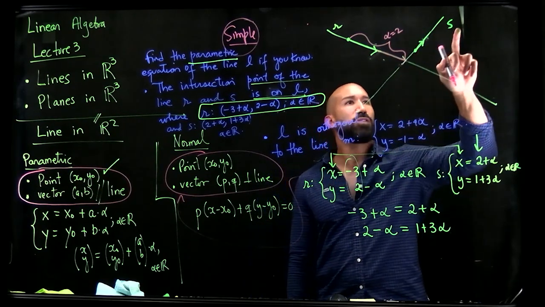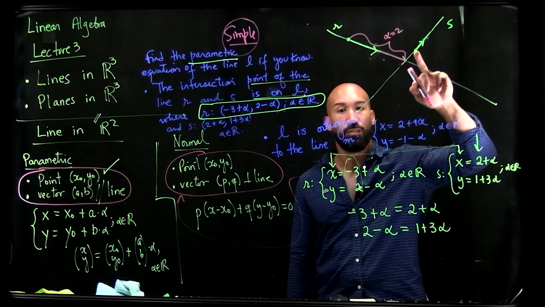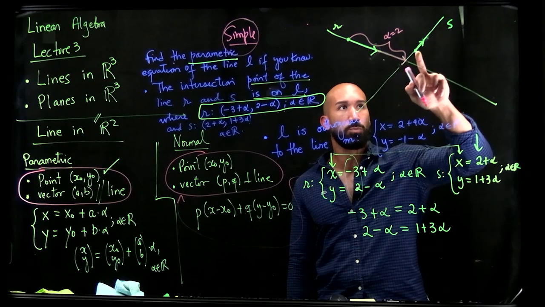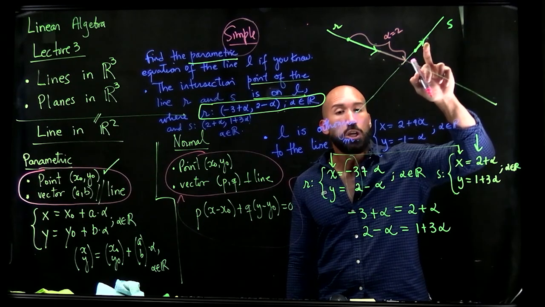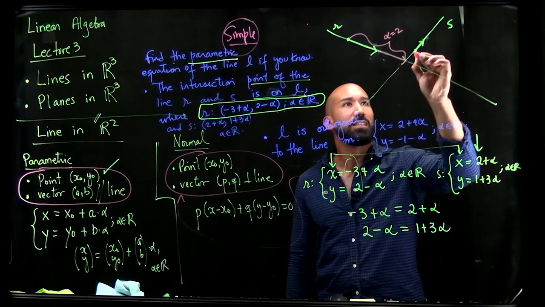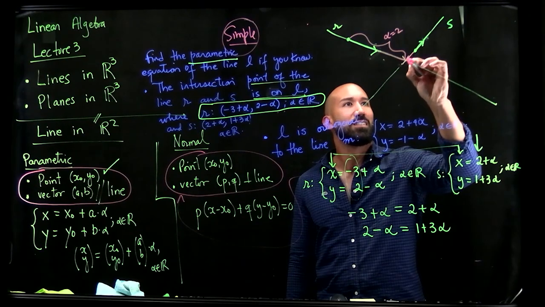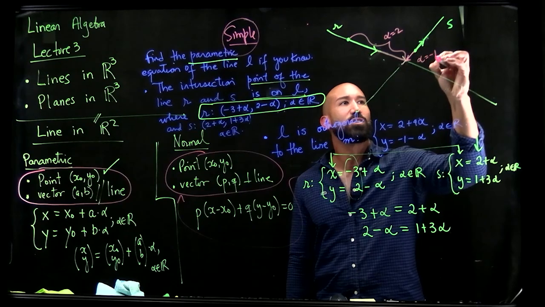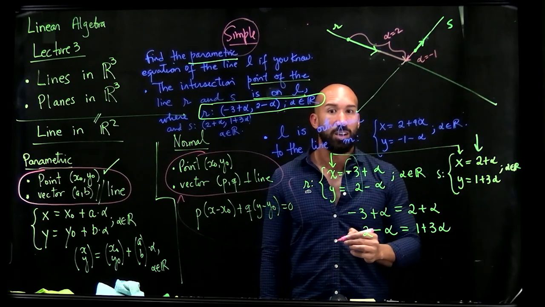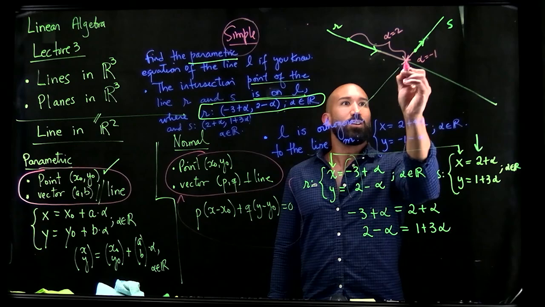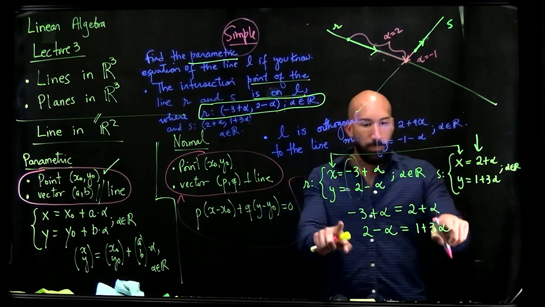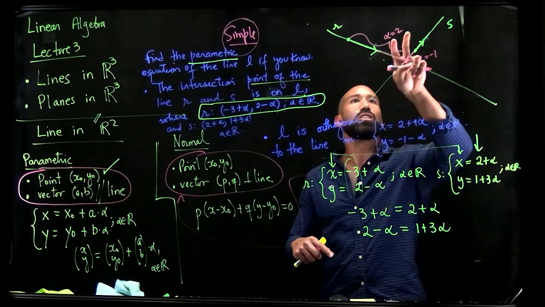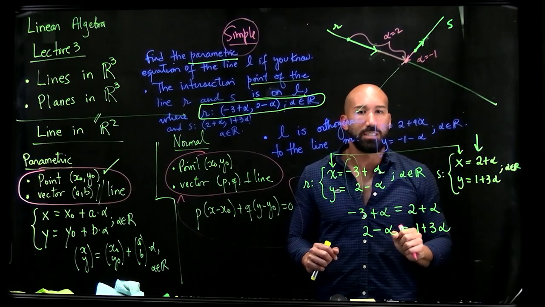However, if we move to S now, to reach the intersection point from this point using this given vector, let's say that this distance here is exactly the magnitude of the vector, but in this case alpha is going to be -1. So you see, even though the point is common to both lines, the values of alpha that we need are not necessarily the same.